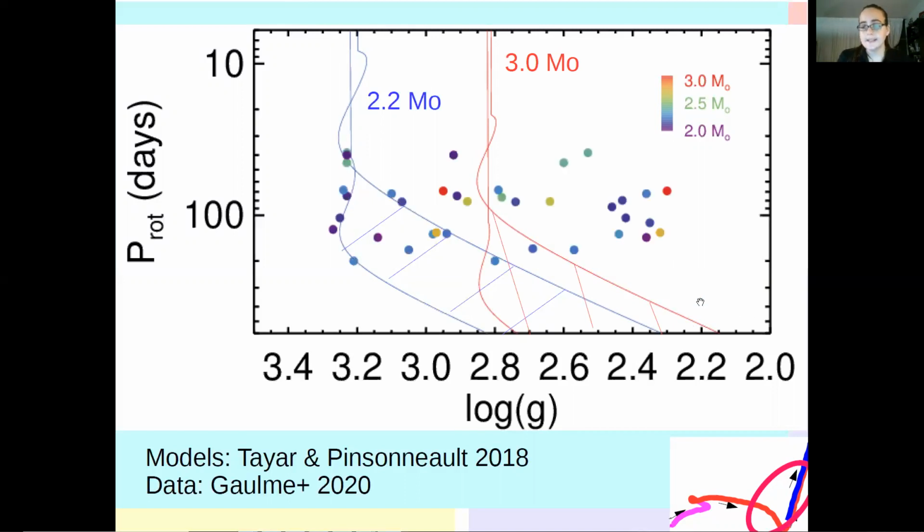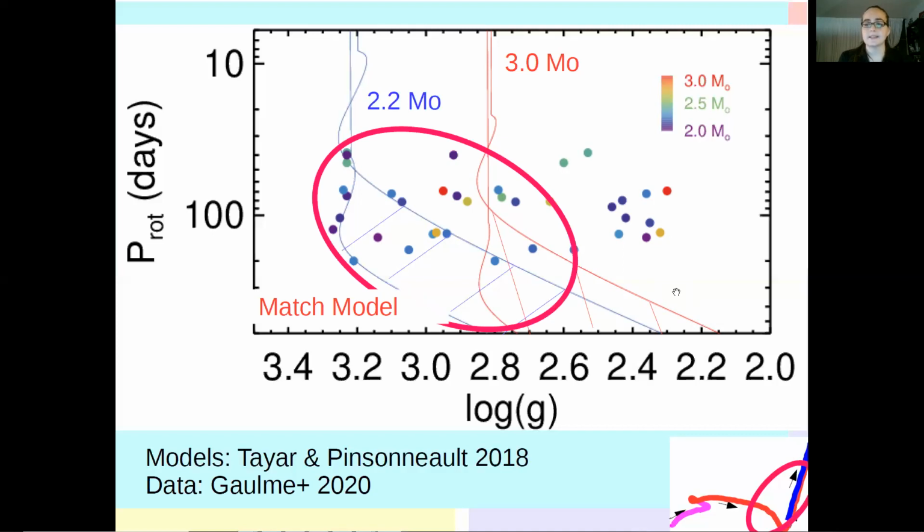And then I can add data to this plot of stars with known surface rotation periods, in this case from Patrick Gaulme, but there are a couple of other surveys as well. In general, it looks like, at least on the lower mass side, that these seem to be more or less following the predictions that we're making, where you see this range of rotation rates at fixed mass and log g, which makes sense given the distribution that we see, and we see it evolving over time.